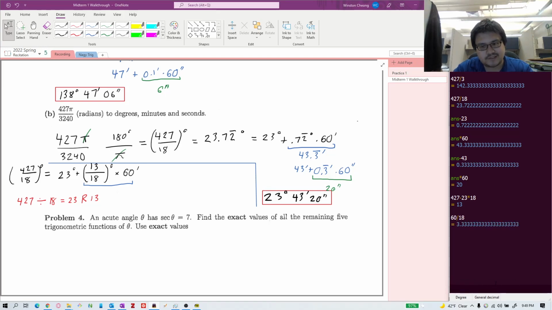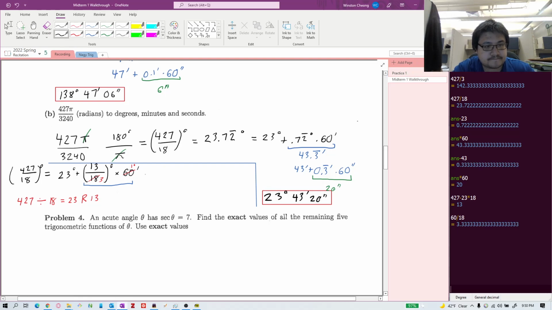There's some simplification, but not completely. You can divide out 6, and we're left with 10 on top and 3 on the bottom, and that does not simplify.